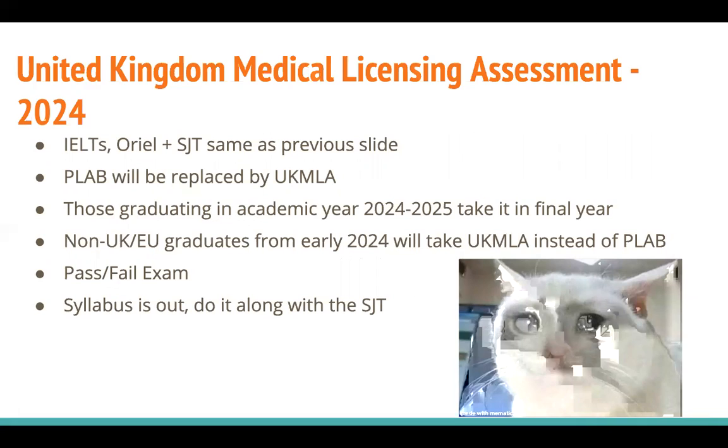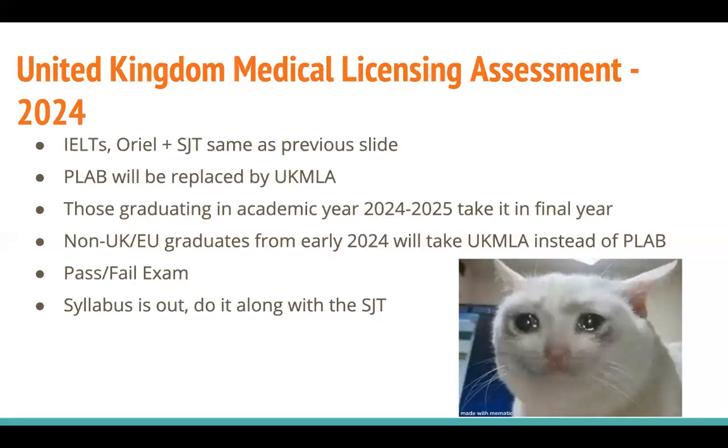UK medical graduates, IMGs, EU nationals. Doesn't matter where, if you're coming to UK early 2024, or if you're in the academic year 2024, you have to take it in your final year. And yeah, it's going to be like PLAB. It's a pass or fail exam. The syllabus is out. You can do it along with SJT. So yeah, next slide, please.